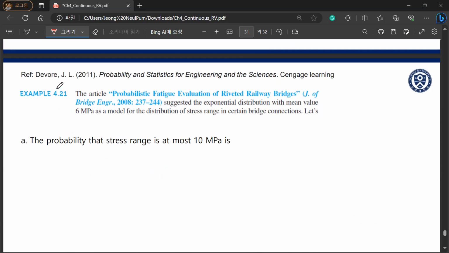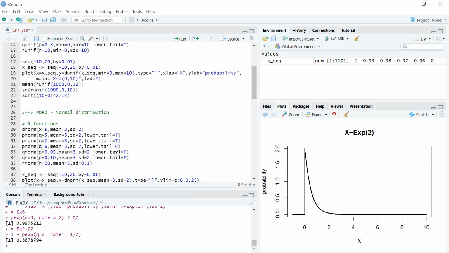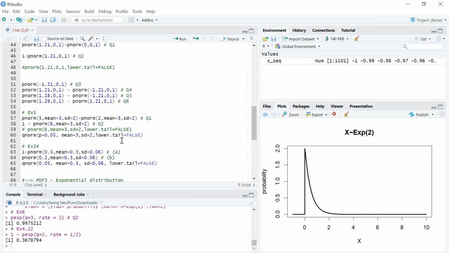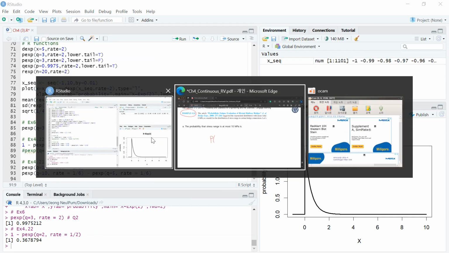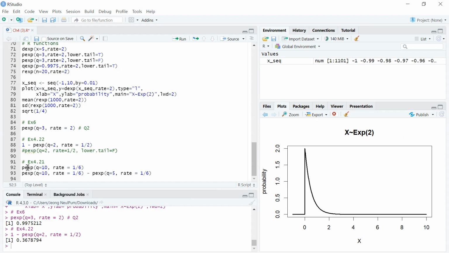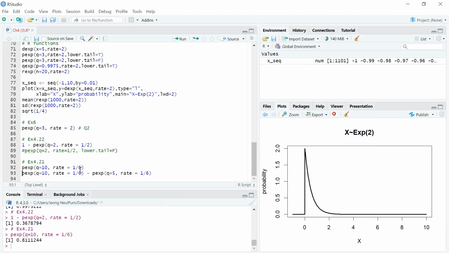And for example number 4.21, it is actually easy because we are repeating the same process for solving each problem, although we are dealing with various distributions. I think this is the same as this one, so I use this function for the result.